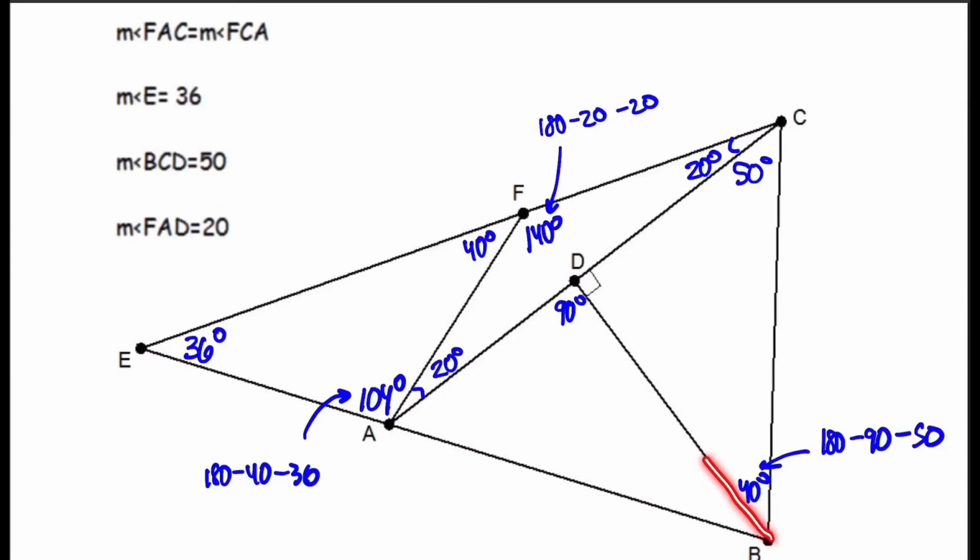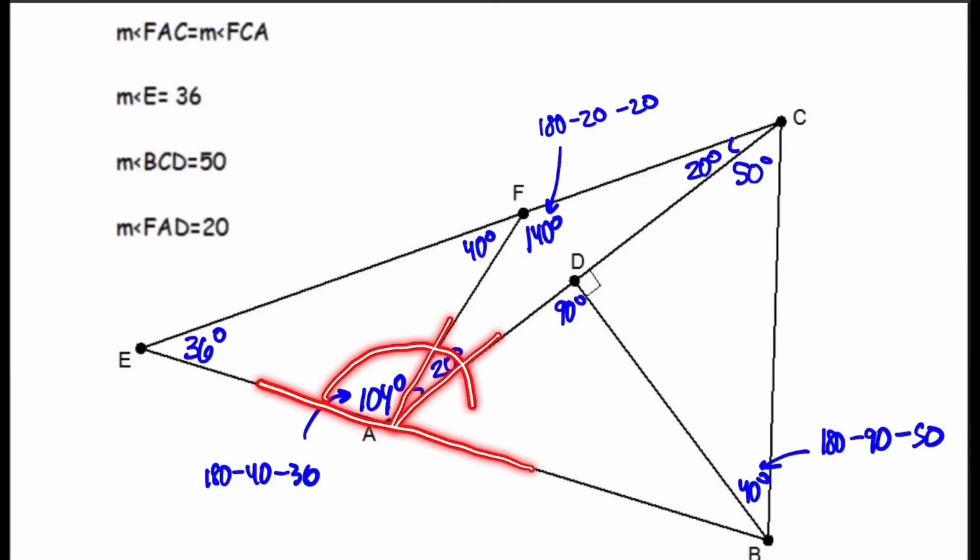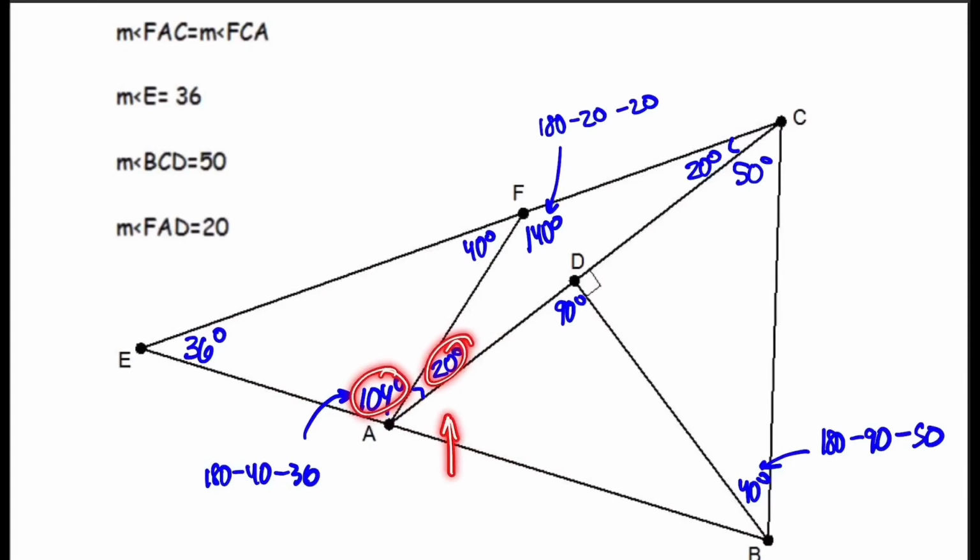Now, unfortunately, if I'm looking at this triangle, I only know one angle. I don't know what this whole angle is, although we could find it. I want to draw your attention to this straight line. It's broken up into these angles. So all of these have to add up to 180. So I'm going to subtract this and that from 180 to get this one. It's not the only way.